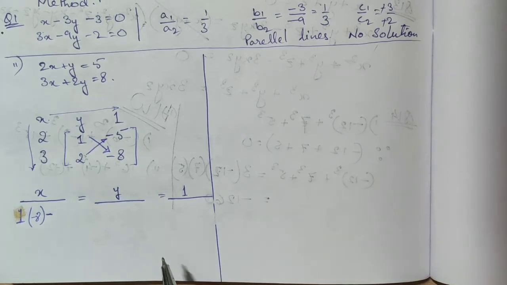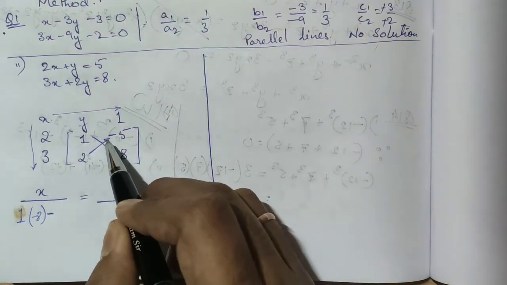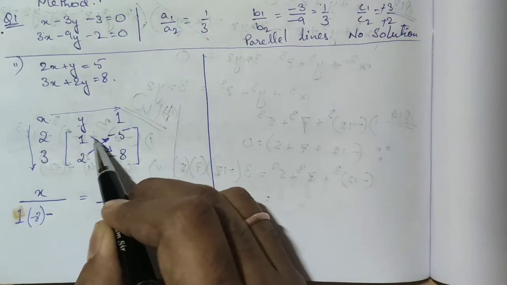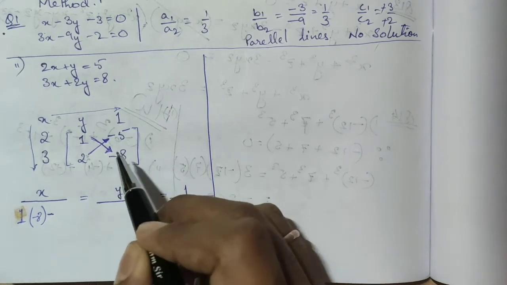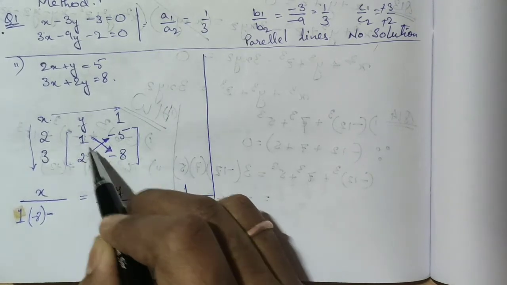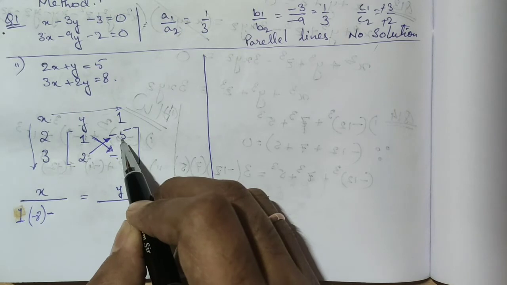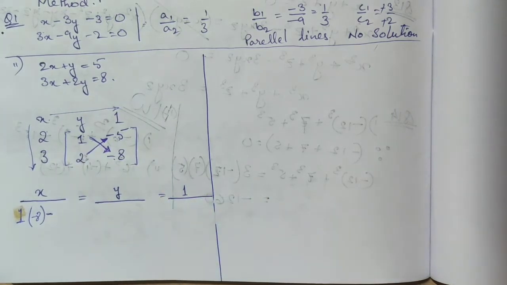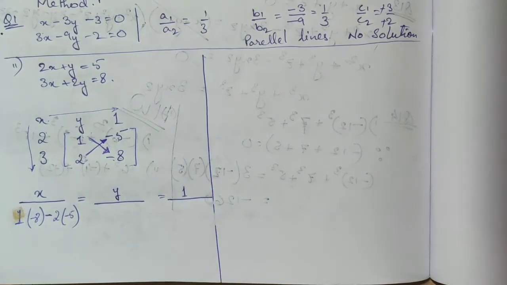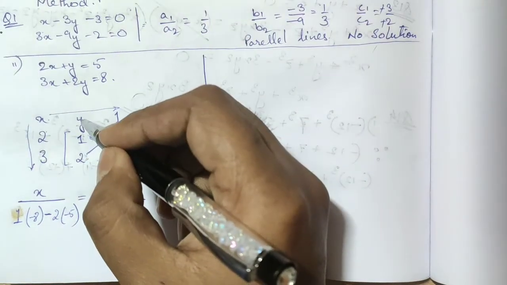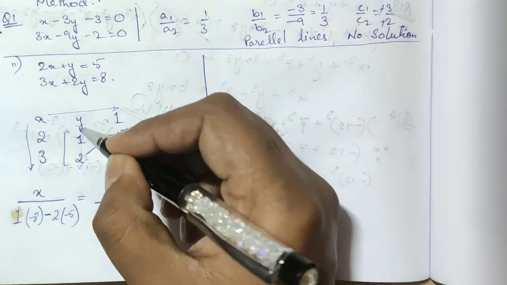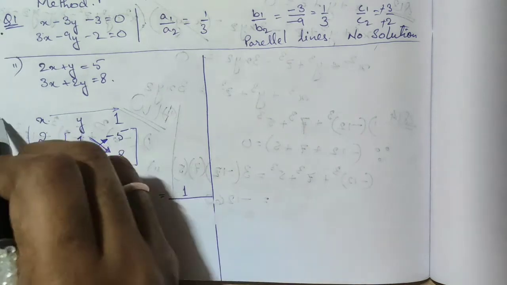Okay, students, remember this orientation. This orientation is very important. First you have to multiply these two, and then you have to multiply these two. Okay, this is very important. Understood? Now for y, we will be ignoring the y row and the first column.